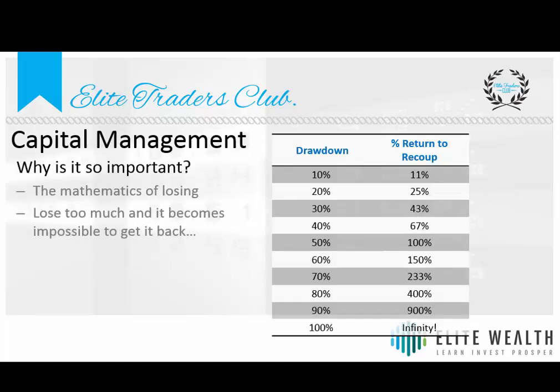Right, capital management. Why is it so important? By now, most of you would have seen this particular slide, and it just shows us the impact of suffering a drawdown somewhere along the way. So the example there, if we happen to have a drawdown of 10%, to get back to break even, our starting amount of capital, we actually have to generate an 11% return on the capital that we've got left just to get back to break even.